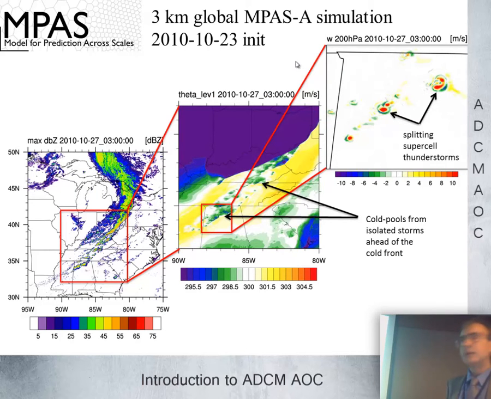Yes, the 3 kilometer was completely global, and the number of grid columns is something like 65 million. Here, this one is completely 3 kilometers globally, so you would also have this resolution over India.